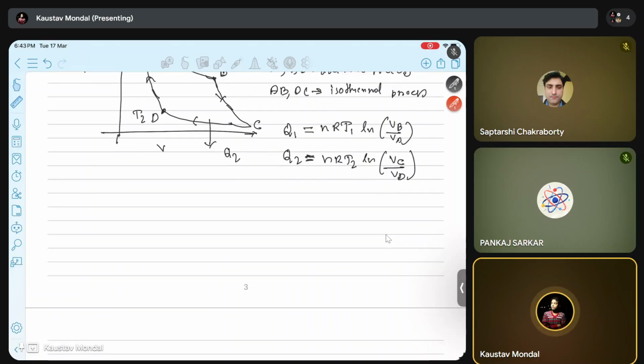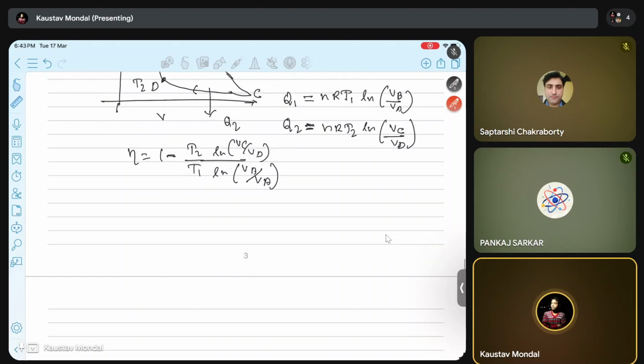Now if you substitute the expressions of Q1 and Q2 into the expression of eta, it becomes 1 minus T2 by T1 times ln Vc by Vd over ln Vb by Va.